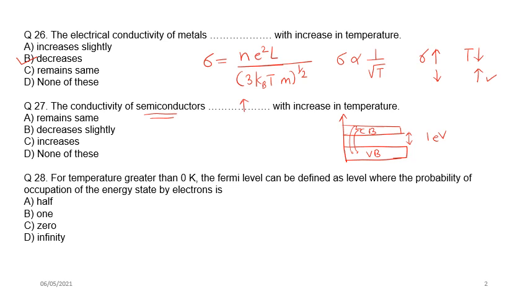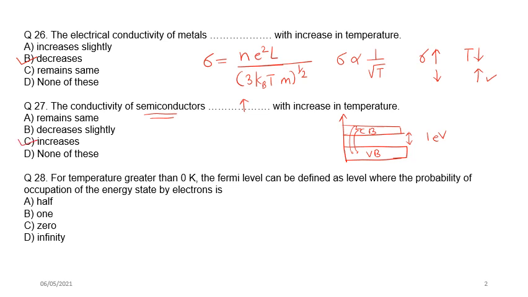For electrical conductors, as the temperature increases, the conductivity decreases. For semiconducting material, as the temperature increases, the conductivity also increases. So here option C is the correct option.